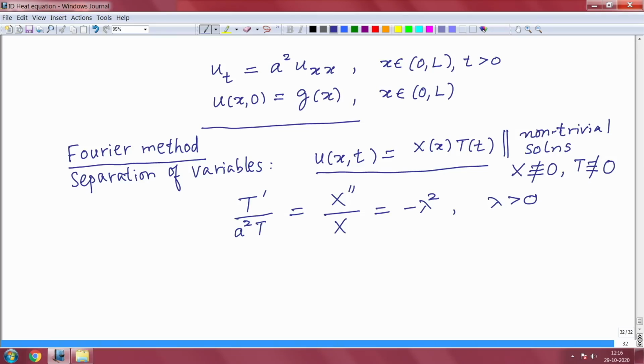So, in that case we immediately get that T of t is some constant, so let me write C exponential minus a square lambda square t, and for X we have C1 cos lambda x plus C2 sin lambda x.